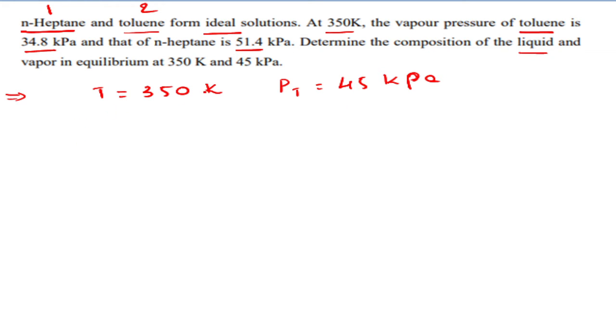And the vapor pressures of the components are given. For n-heptane, component 1, the vapor pressure is given as 51.4 kilopascals, and for toluene, component 2, it is given as 34.8 kilopascals.